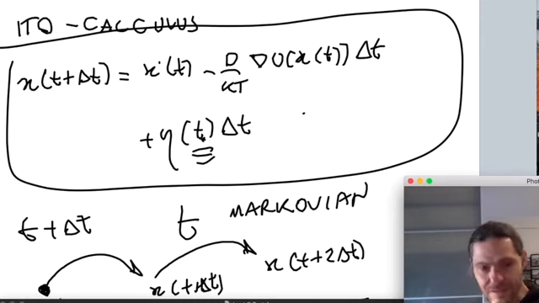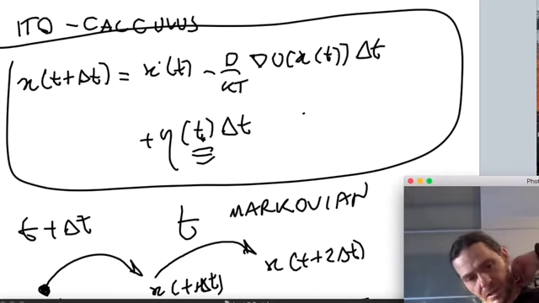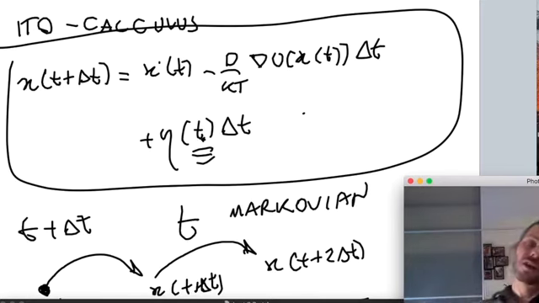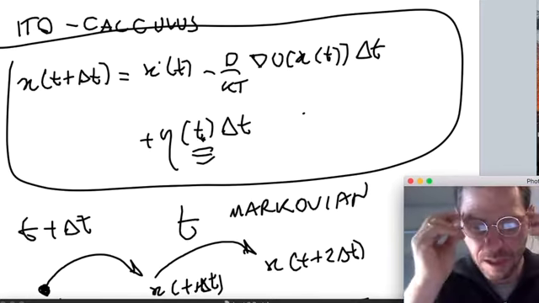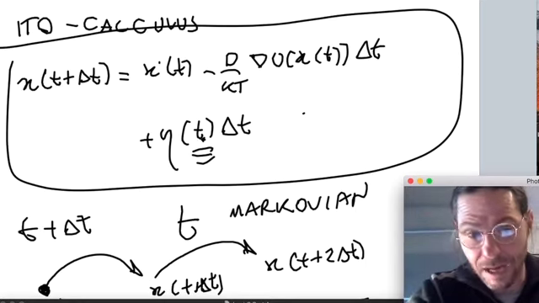And we will need this result to arrive at the correct path integral representation for the solution of the probability density evolution in a stochastic system obeying the Langevin equation. So let's continue and define stochastic integration.